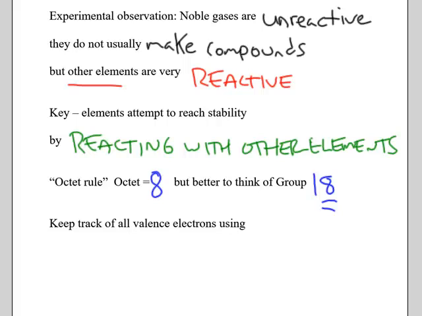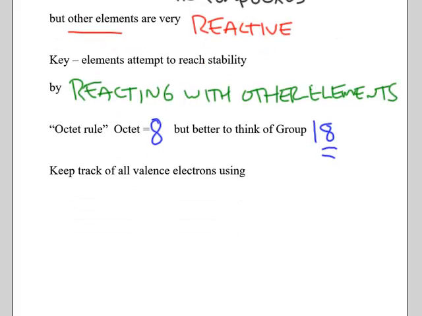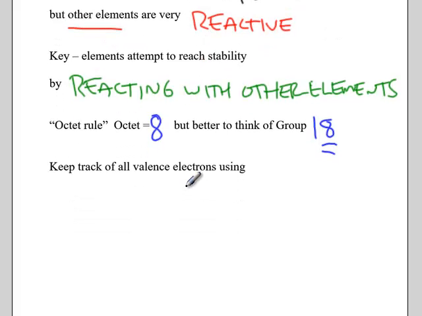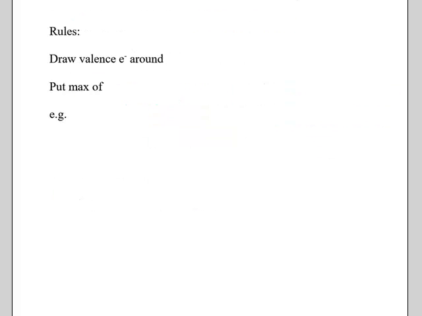So we're going to keep track of all of the electrons that we have. And when we do this, we call it a Lewis picture, or a Lewis structure. And there's certain rules for drawing these Lewis structures.